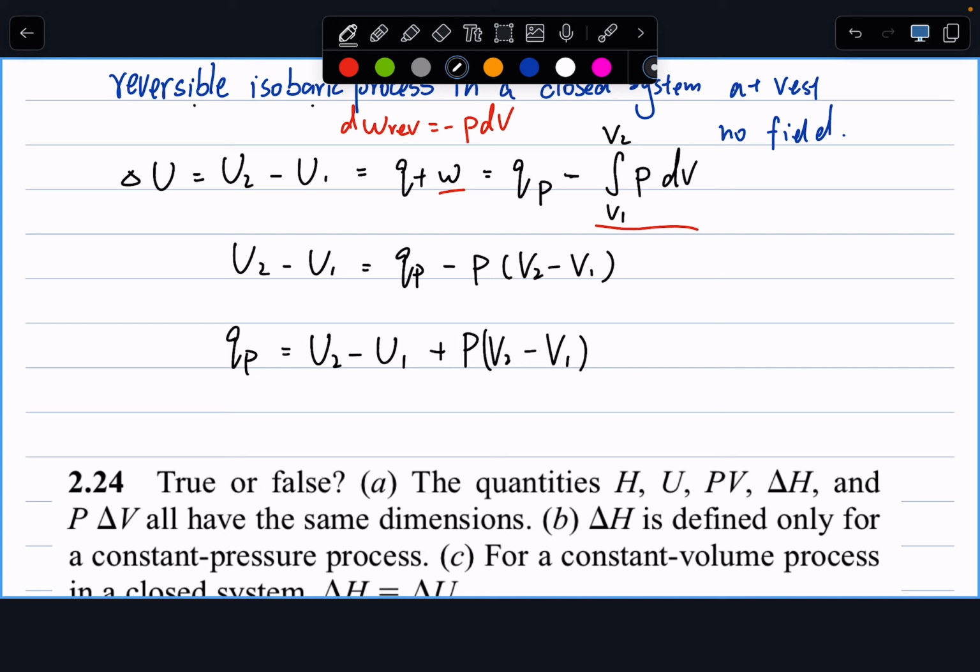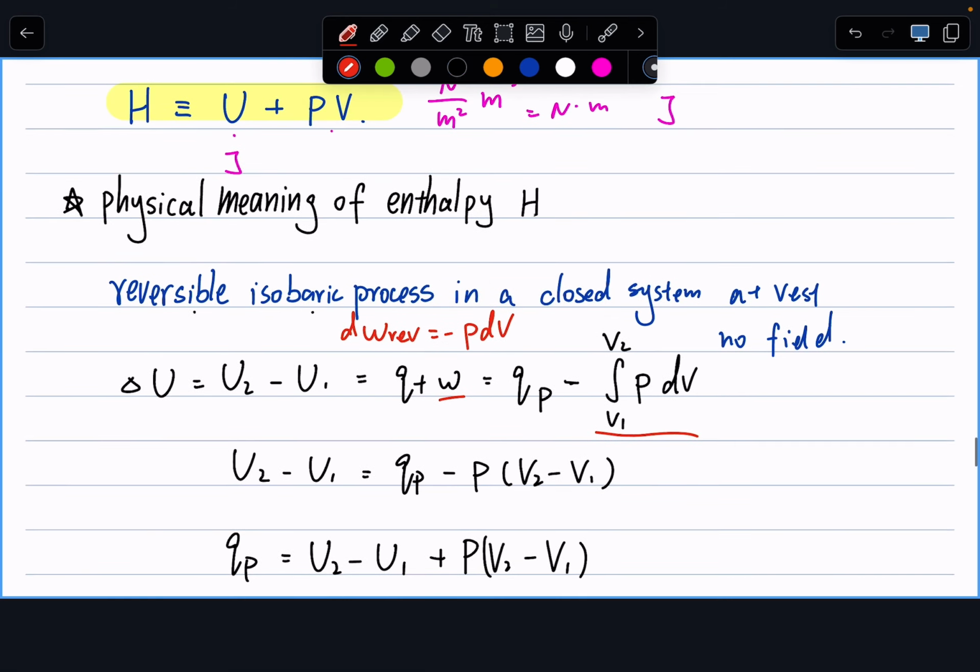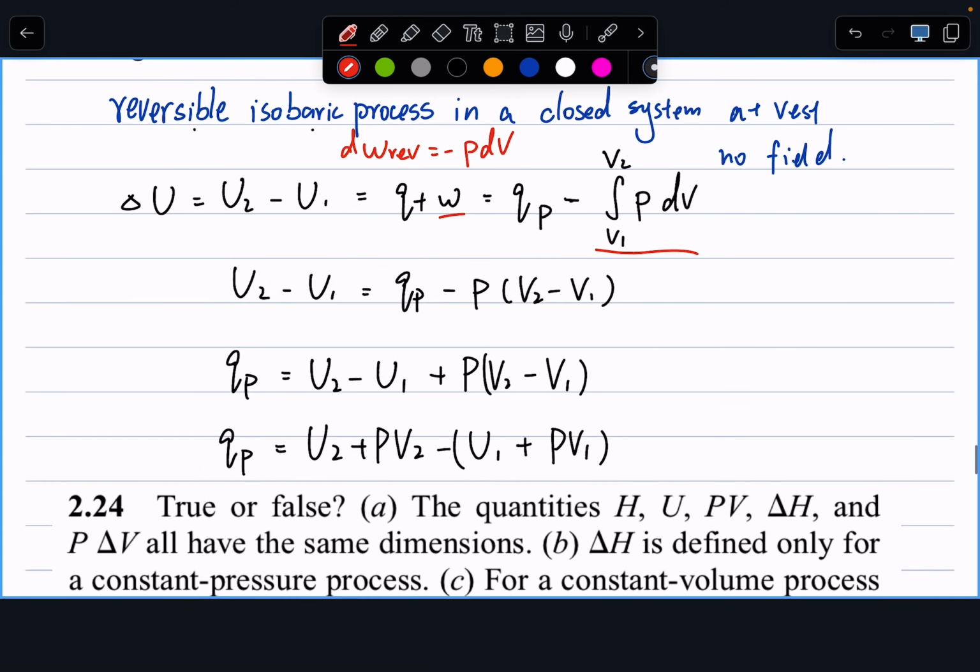Grouping the 2s with 2s and 1s with 1s, Q_P equals (U2 plus PV2) minus (U1 plus PV1). And using our definition of enthalpy, we get Q_P equals H2 minus H1, or the change in enthalpy.